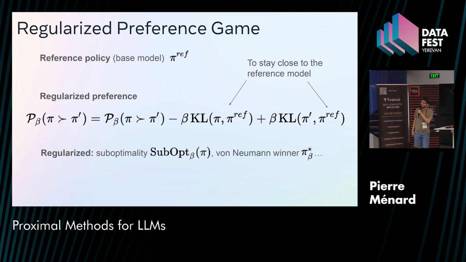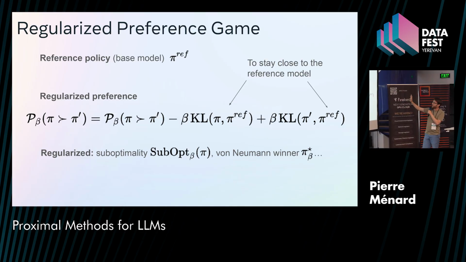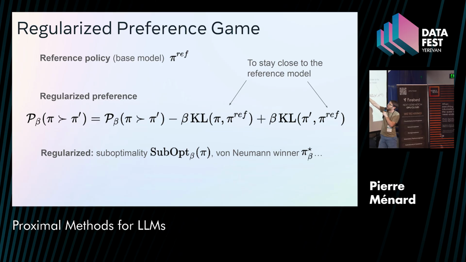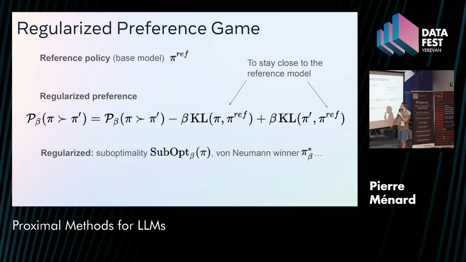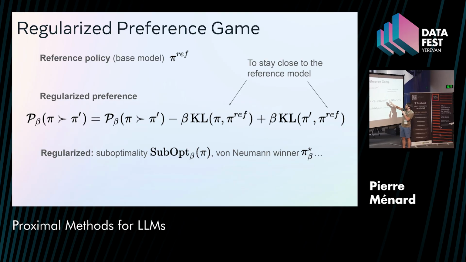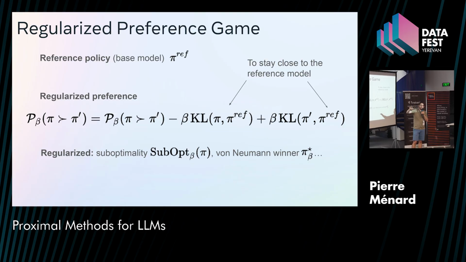Okay, and as you maybe heard this morning, the preference game is interesting, but what we care more about is a regularized preference game, where we have a reference policy, basically your base model, and you penalize the policy from going too far from the reference model. This is because usually you don't want your model to forget other capabilities when you are training on a specific one.